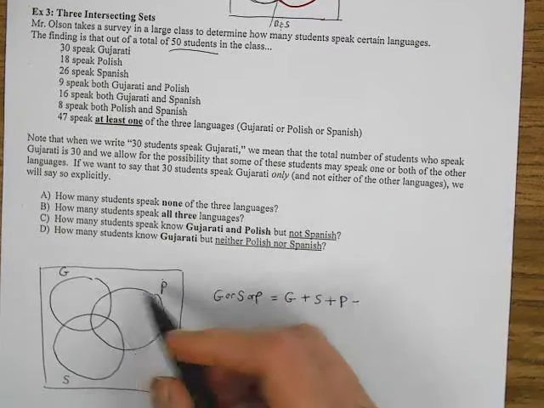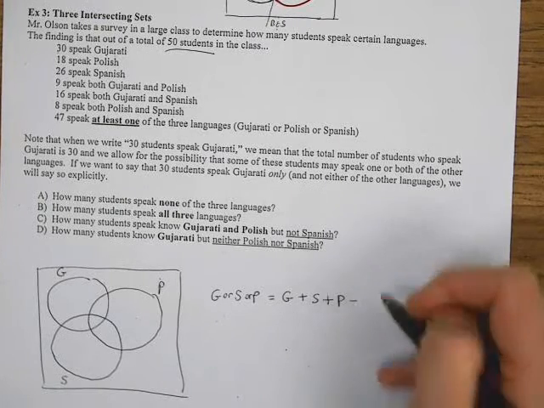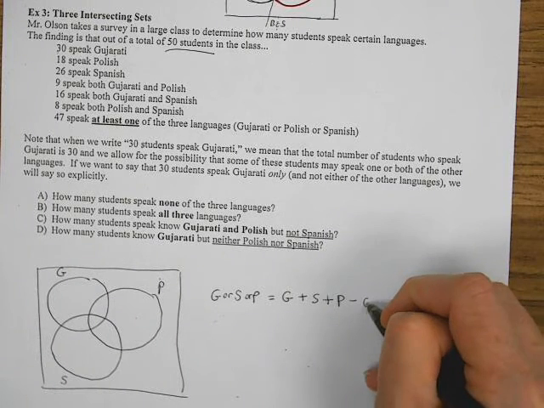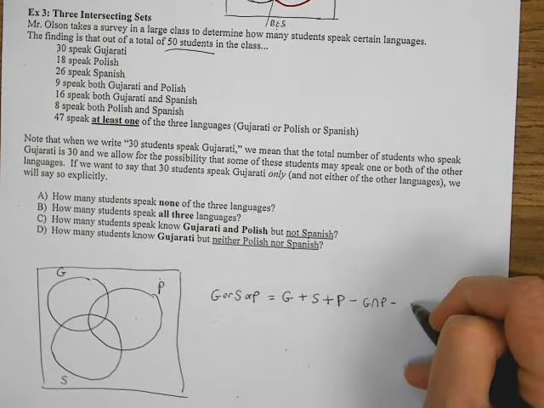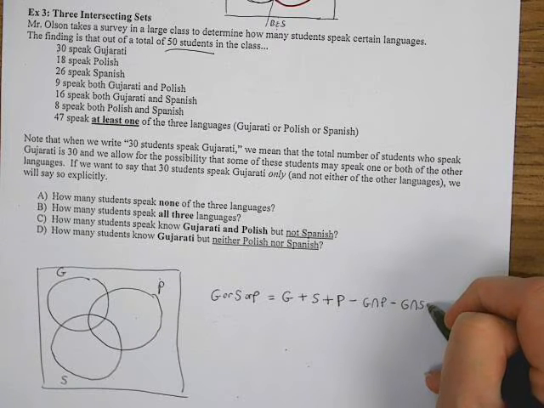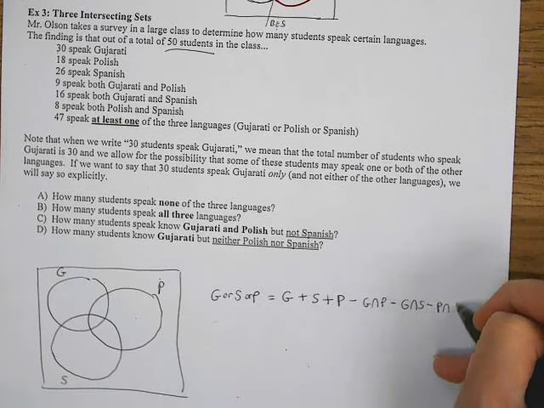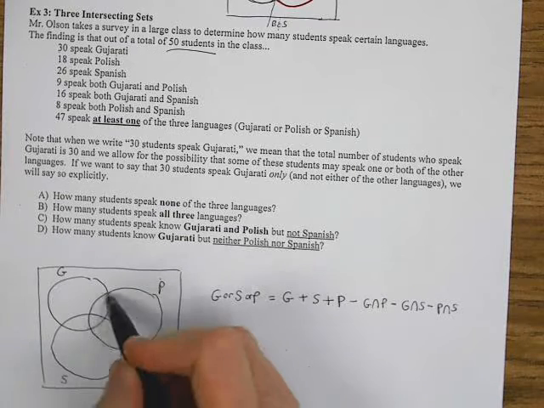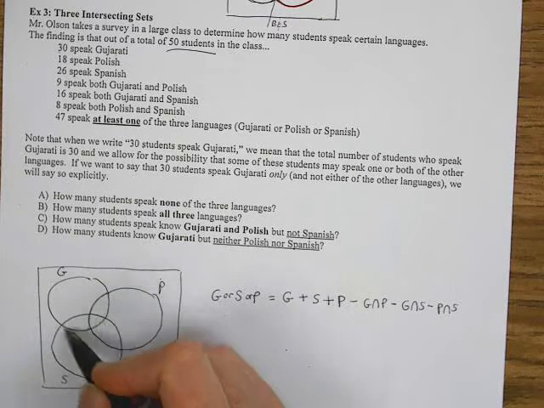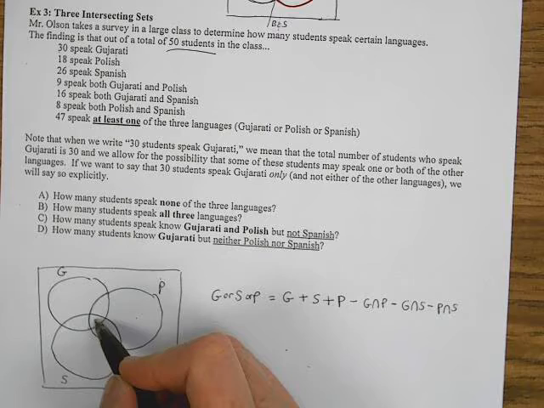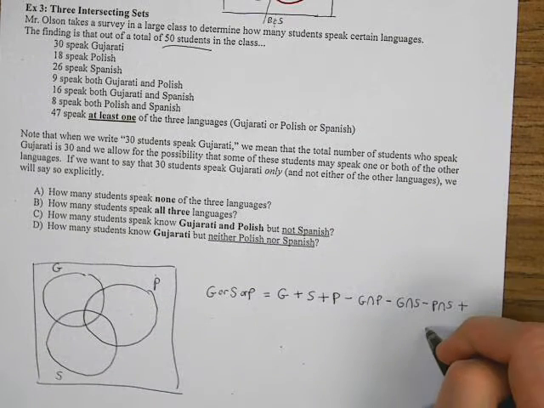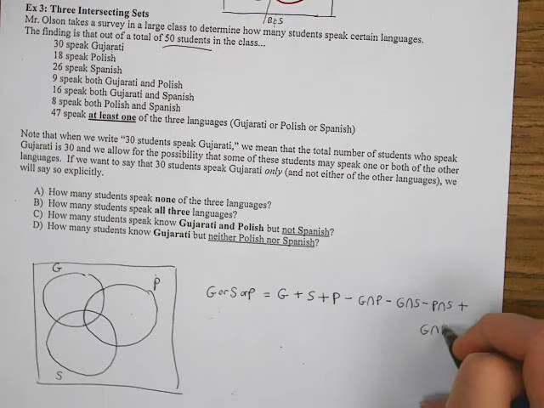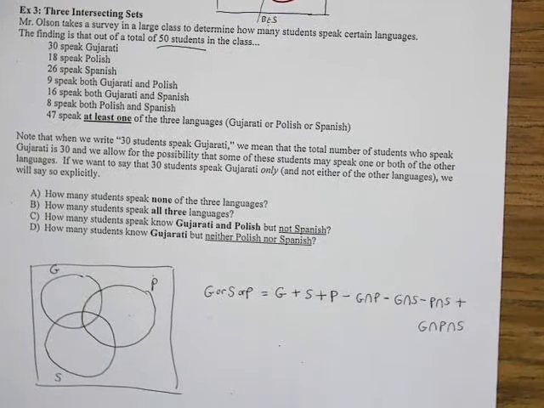Now we're going to subtract those football shapes, so I'm going to subtract Gujarati intersect Polish. I'm going to subtract Gujarati intersect Spanish. I'm going to subtract Polish intersect Spanish. So I've removed the 3 footballs, but then I know this middle space got removed too many times, so I have to add back in Gujarati intersect Polish intersect Spanish.